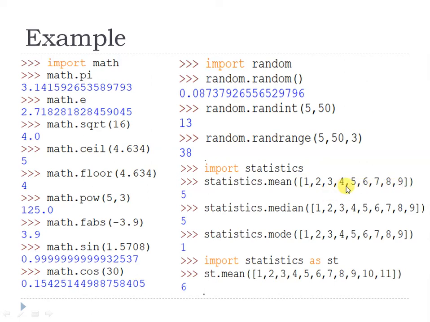Here we have taken it as a list. So the mean is 5. Then we can also calculate the median. We have got the median value, and then we can calculate the mode. You have to note that this will be a sequence of data. It can be a list or a tuple.